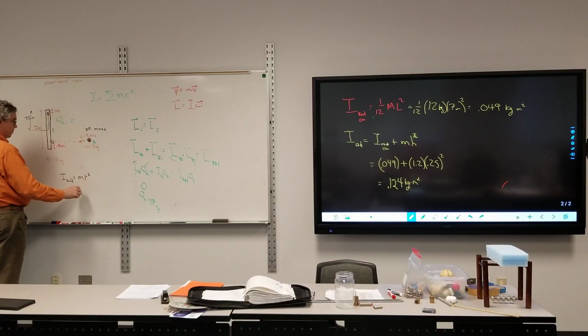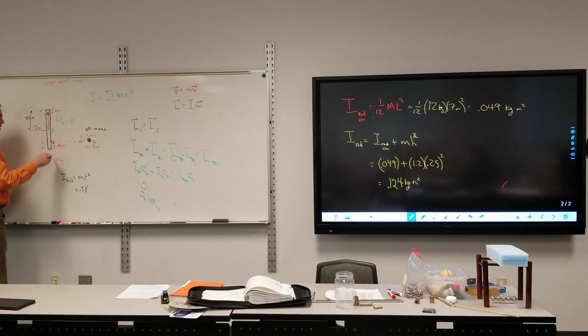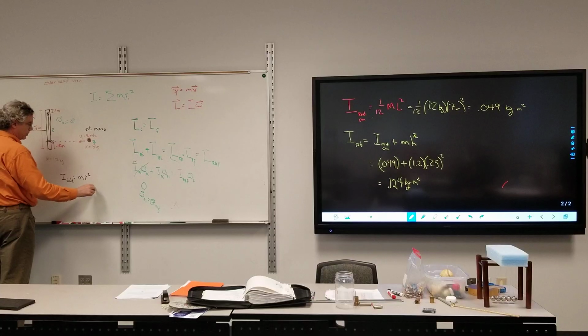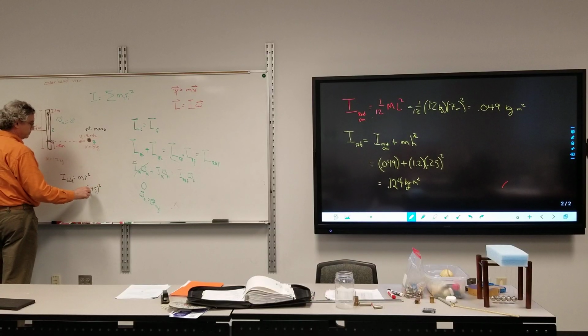So that'd be 0.5 times r, which is the distance from here to here. So the whole thing is 0.7, I'm taking off 0.25, so 0.45 squared.